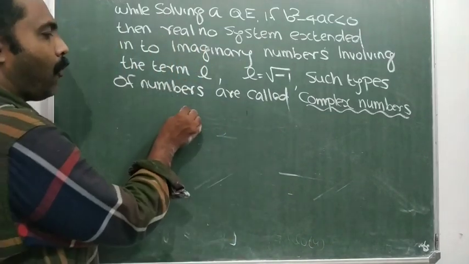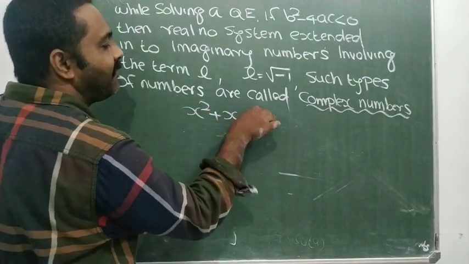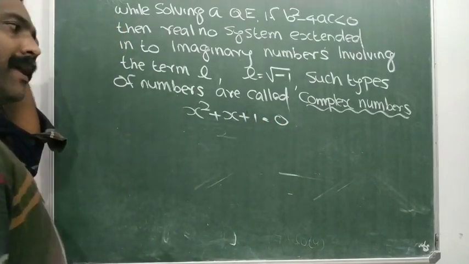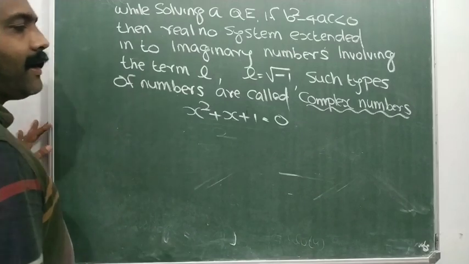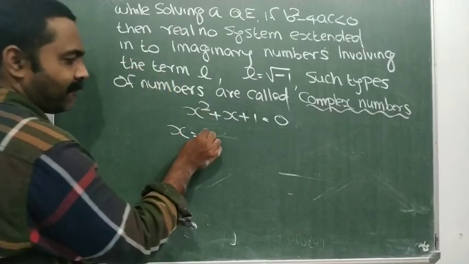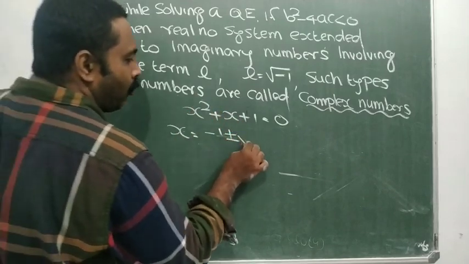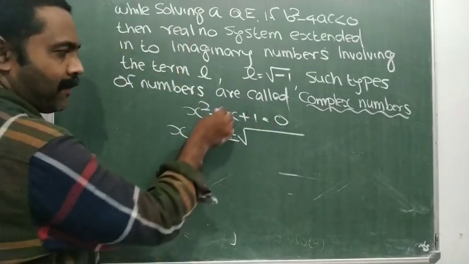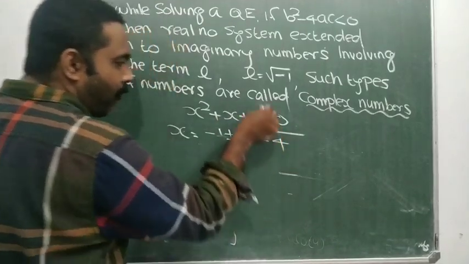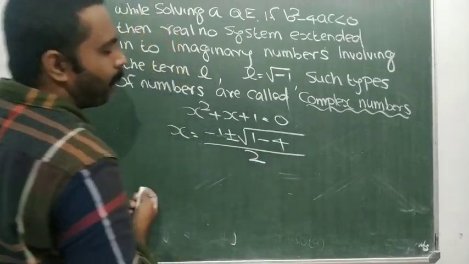Solve x square plus x plus 1 is equal to 0. x is equal to minus b, minus 1 plus or minus root of b square, b is 1, 1 minus 4ac, 4 into 1 into 1, by 2a, 2.